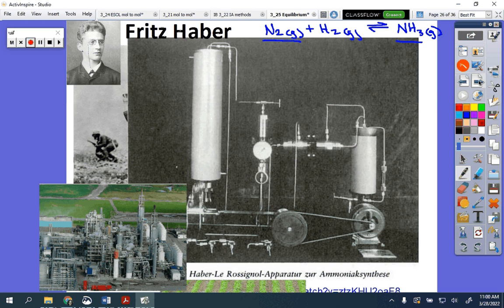He found a number of ways to shift the equilibrium towards the products to produce more ammonia, as opposed to just throwing a bunch of things in the vessel, letting it go to equilibrium, and then you're done, right? He really wanted to find ways to push it so that he would be able to make more ammonia. And it wasn't just him. Obviously, there were a host of people working on this, but he's the one that gets the credit.